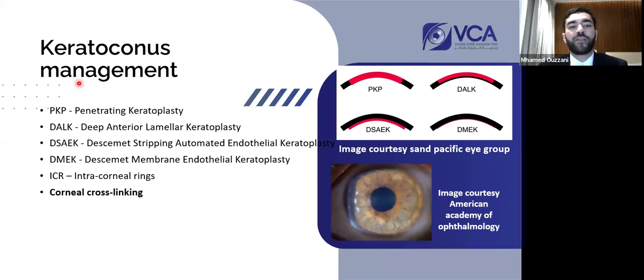And also we have intracorneal rings that are used to manage keratoconus, to manage vision. And lastly, corneal cross-linking to manage the progression of keratoconus: when we have documented proof that this keratoconus is progressing, we can perform corneal cross-linking.